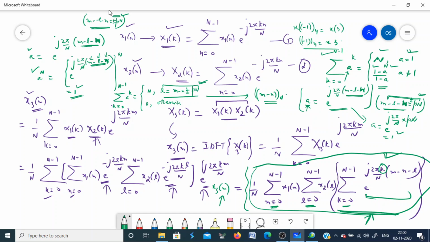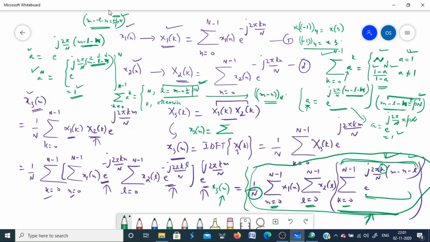Okay, so this sequence will now converge to, I have less space here, I will write here x3m. Now it will become the summation of, now this series will converge to N, and this N and this N here will get cancelled.